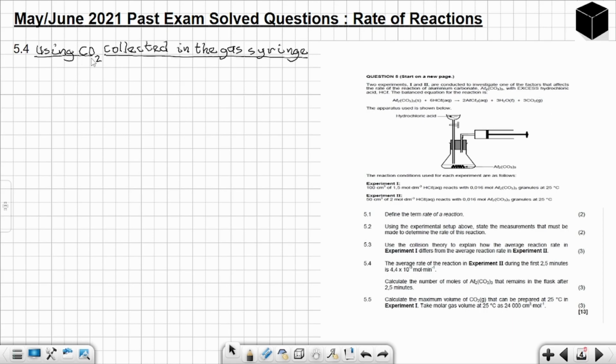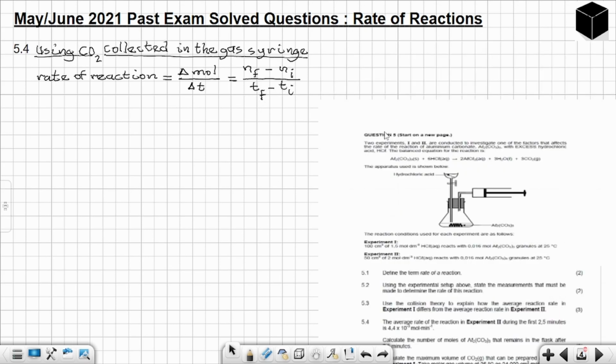So using carbon dioxide collected in the gas syringe, the rate of reaction is equal to the change in mole over the change in time. And this is equal to the number of moles final minus the number of moles initial, over time final minus time initial.